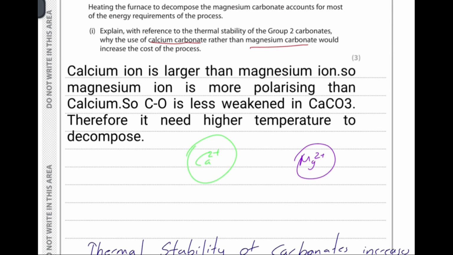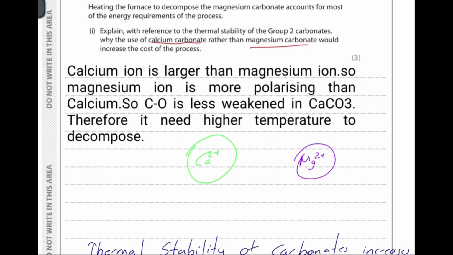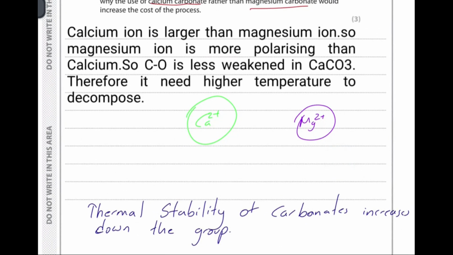So in Roman number 1, explain with reference to the thermal stability of group 2 carbonates why use of calcium carbonate rather than magnesium carbonate would increase the cost of the process. So generally we know the thermal stability of carbonates increases down the group. So why is that?